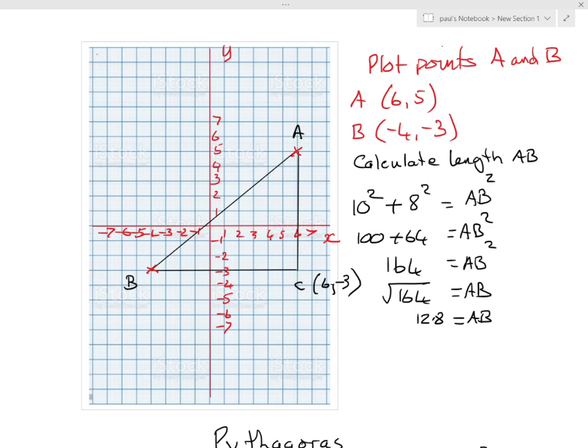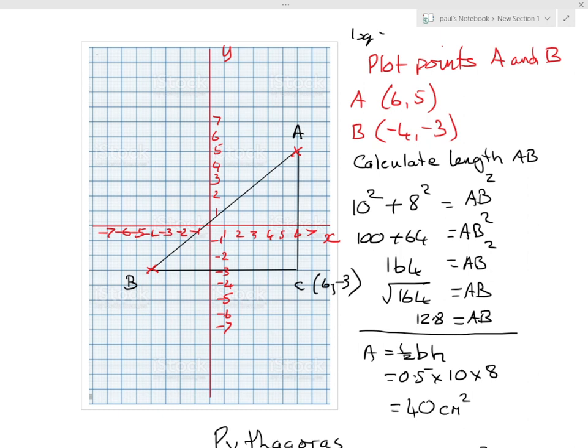So the area equals half base times height, which is 0.5 times the base, 10, times the height, 8. So it equals 40 centimeters squared, because remember, 1 square equals 1 centimeter. They're always going to put that scale in if you need to work out any areas or lengths.